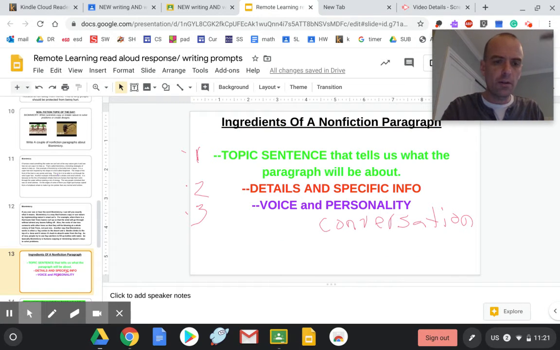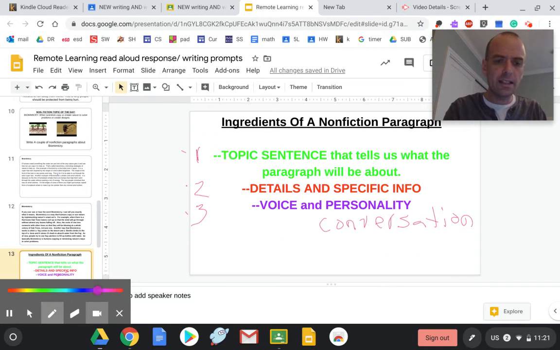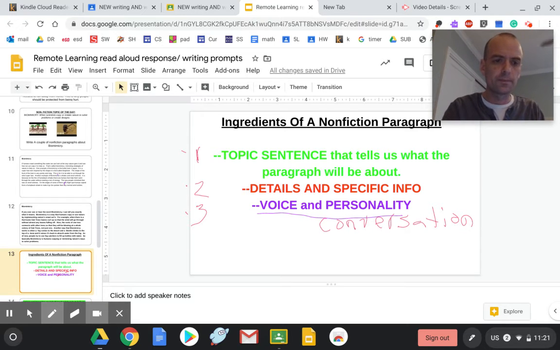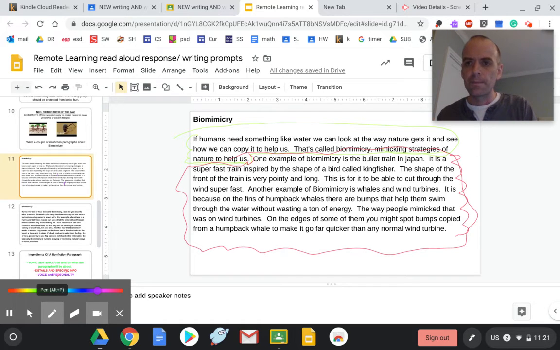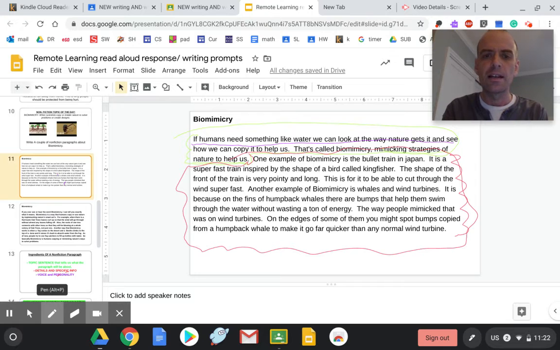Now, let's go through and find little examples of where they use voice and personality. I think in their topic sentence, they also have some voice. If humans need something like water, we can look at the way nature gets it and see how we can copy it to help us. Not only is that their topic sentence, it feels like they're talking to me. It feels like a conversation.